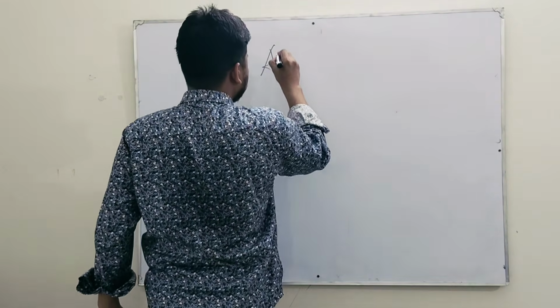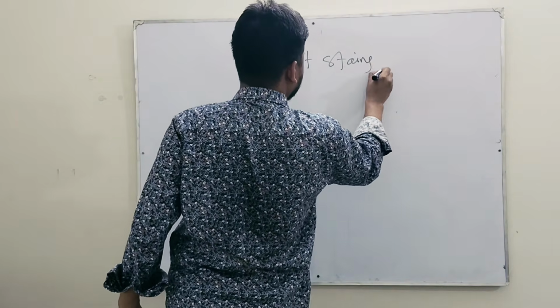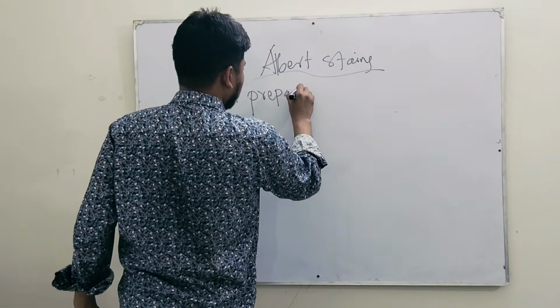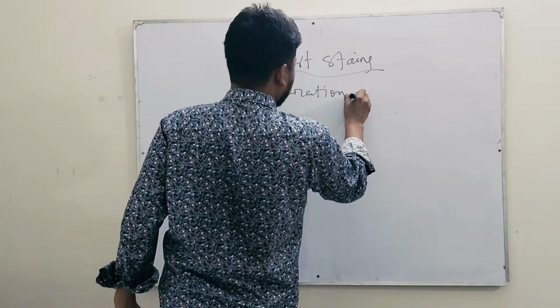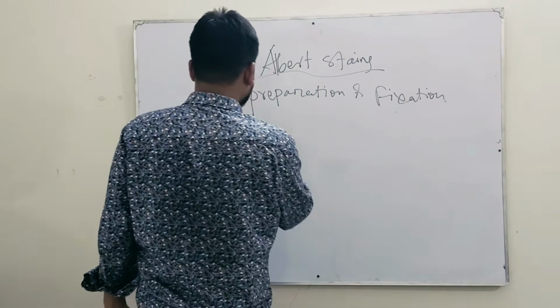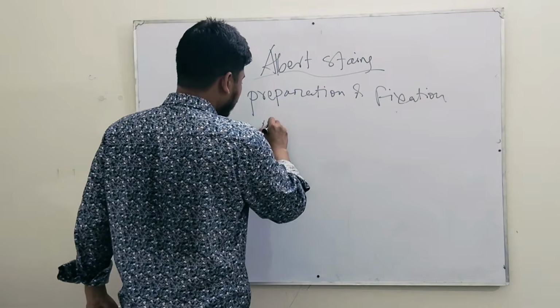Now come to Albert staining. Preparation and fixation are the same as before. Then we will cover the smear with Albert stain 1.